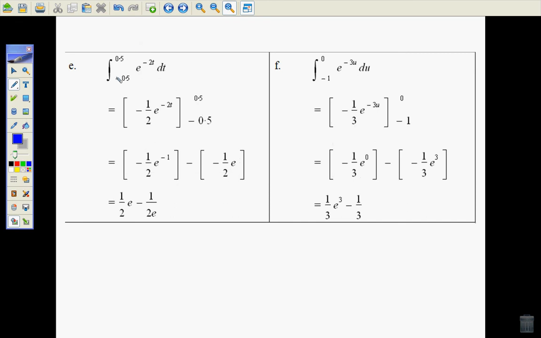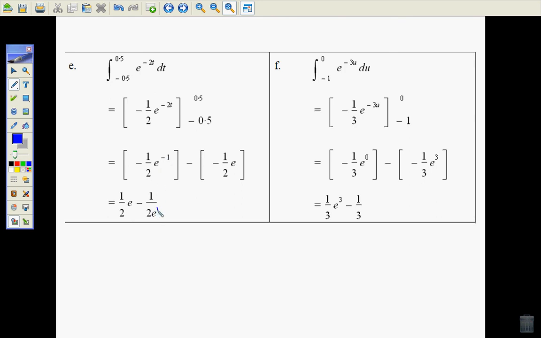In question E, we're going from minus 0.5 to 0.5. E to the minus 2x, the integral there would be 1 on minus 2, e to the minus 2x. So integrate between minus 0.5 and 0.5, put 0.5 in, 2 times 0.5 is 1, so minus a half times e to the minus 1, well that would be 1 on 2e, because e can go down the bottom there.